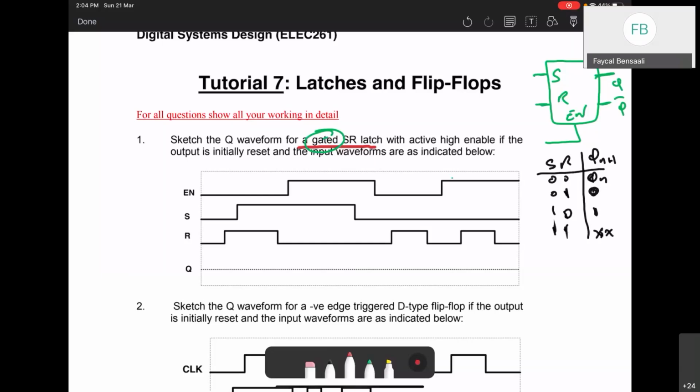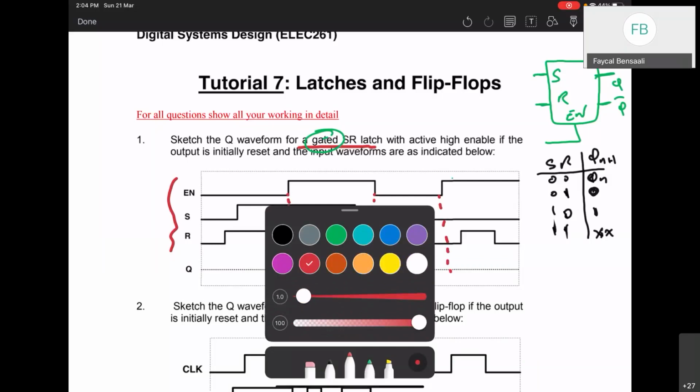So we gave you this scenario. If we have those waveforms for En, S, and R, what should the output Q be? Of course, we need to mark the important points or times in our waveforms. Those are important for En when En is 0 and changes to 1, or when it's 1 and changes to 0. Those are important times that we need to consider.